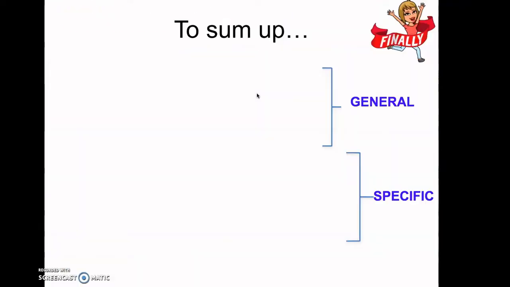So finally, we are almost done with this presentation. Let's try to do a summary together. When we are speaking about our general preferences, what we prefer in life in general, you can say, "I prefer tea to coffee." In this case, remember, no one is asking you if you prefer tea or coffee right now.